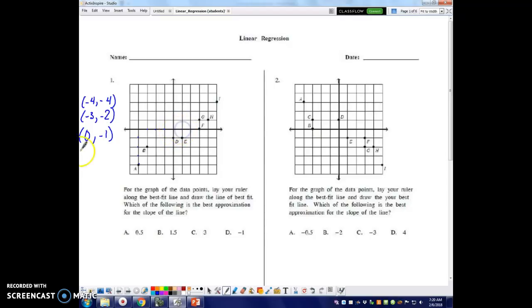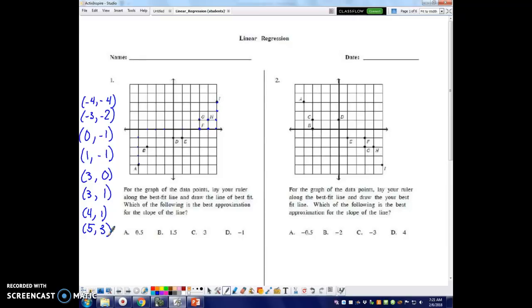This point's at 1, negative 1. This point is at 3, 0. This point's at 3, and it goes up 1. This point goes over 4, up 1. This last one goes over 5, and up 3.